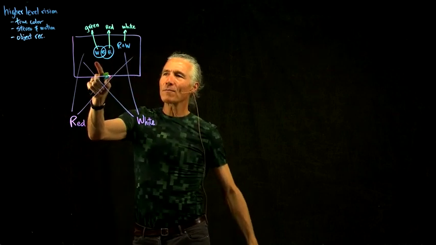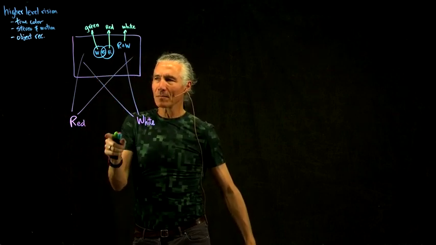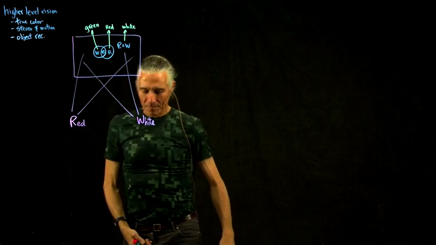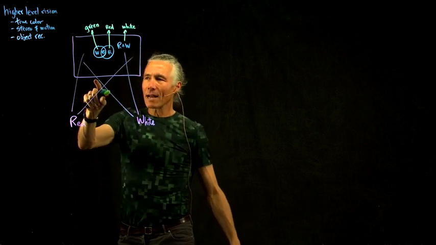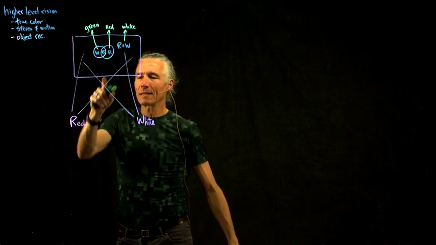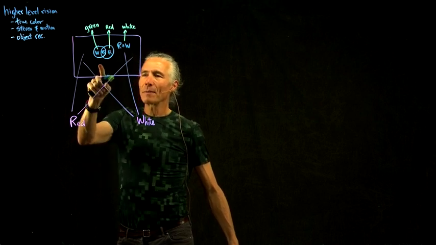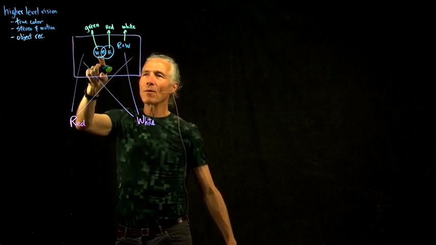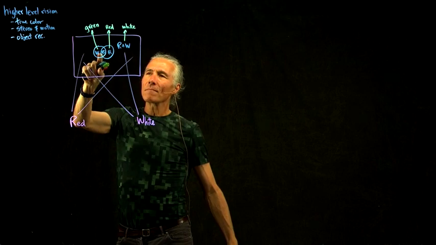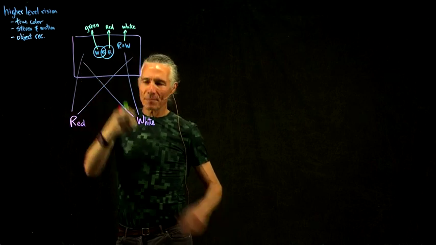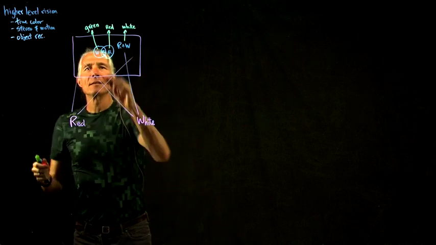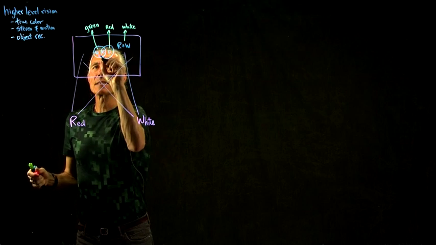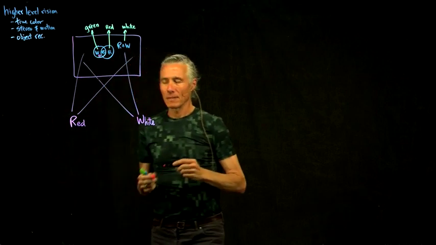So if you went into V1, this experiment has actually been done, not using the red and white, but basically the result is, if you put a V1 receptive field in the white light, you get a signal that looks like white.